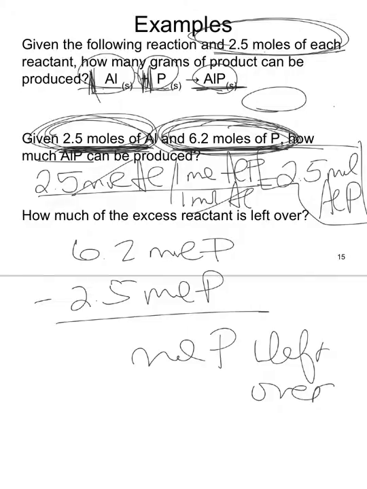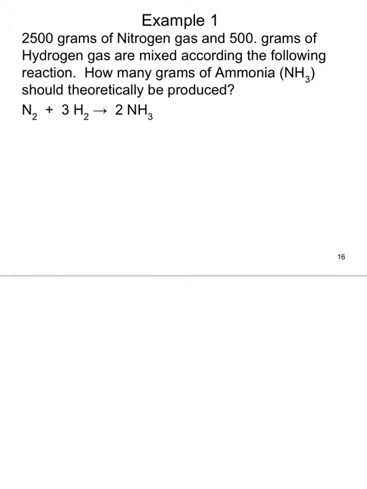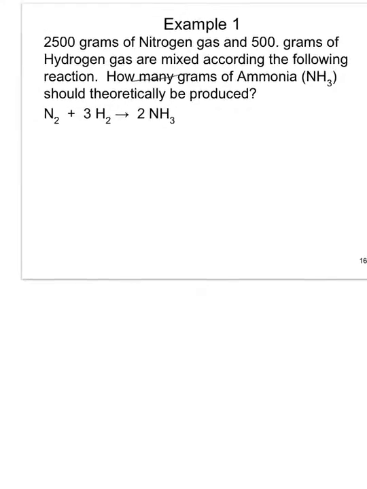Okay, so now we're going to try it with numbers. Not a huge deal though. It's 1 nitrogen to 3 hydrogens. So I'm going to start with grams, but again, I'm going to assume that we're converting that to moles.